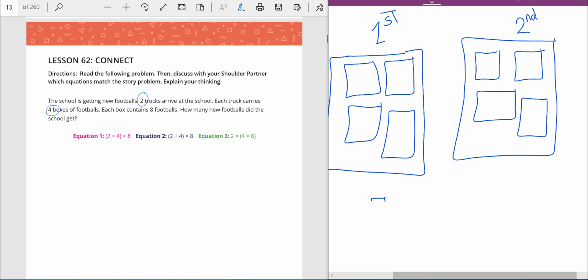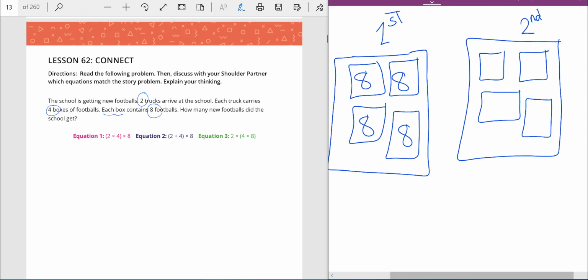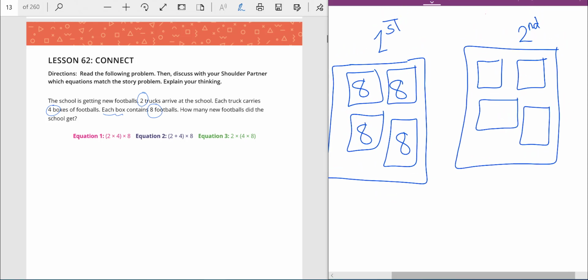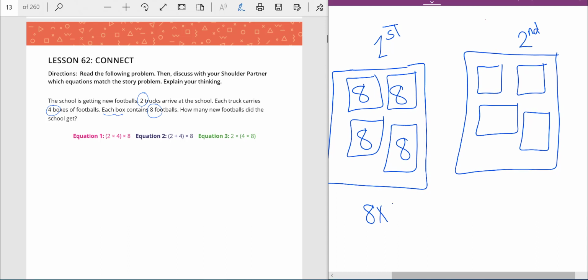Now complete the exercise. It says that each box has 8 footballs. So on the first truck we have 8 times 4 between brackets, but we have 2 trucks.